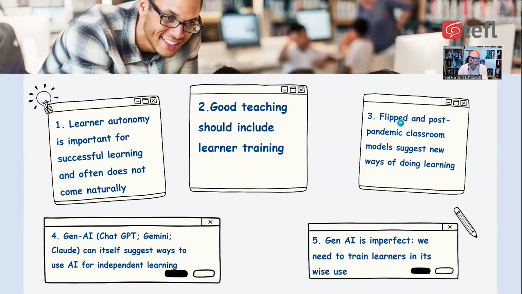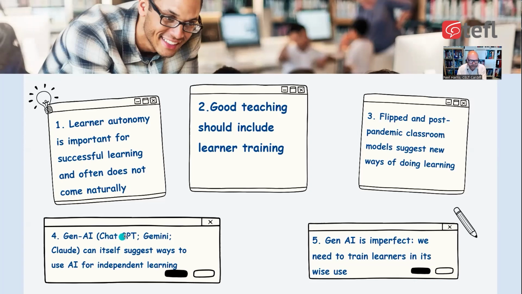Now, both the flipped classroom and the post-pandemic classroom introduced shifts in focus and shifts towards even greater student independence than I think was the case before, and opened up our minds to new ways of doing. So that creates a fertile ground for learner independence.